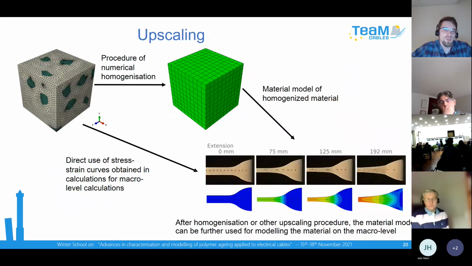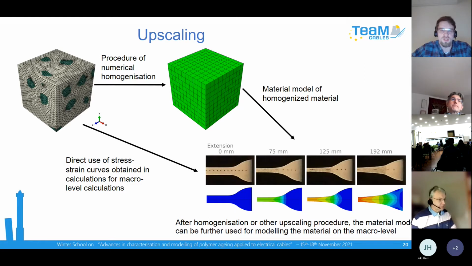And once we have our micromodel working properly, we want to do some upscaling to model some real piece of the material. We can go here in at least two different ways. We can do a procedure of proper numerical homogenization, solve some set of numerical problems, and from the material with complex microstructure, we go to a simple homogeneous material, and its properties can be used directly.